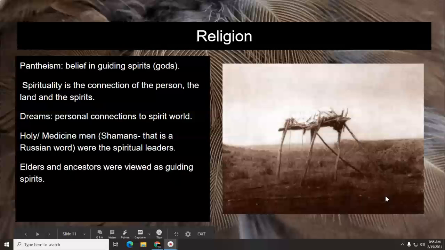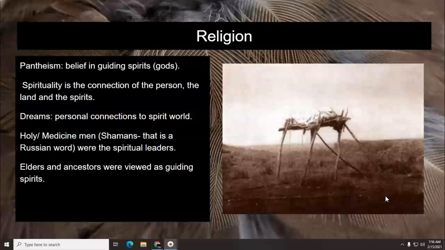The religion is pantheism, which is the belief in guiding spirits or gods. Spirituality is the connection of the person, the land, and the spirits. So it's a religious thing that includes the group, but it's also a very personal connection. Part of that connection is their dreams, which is the connection to the spirit world where the spirits communicate with you.